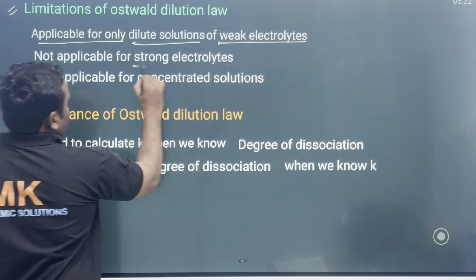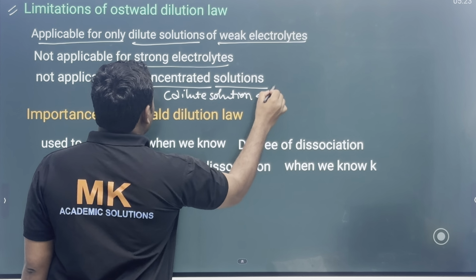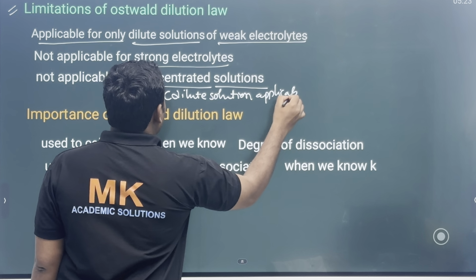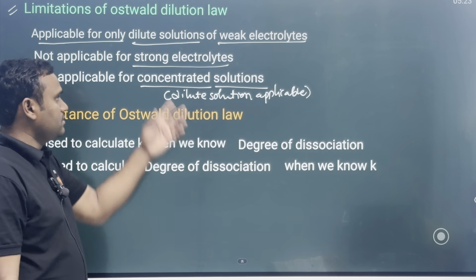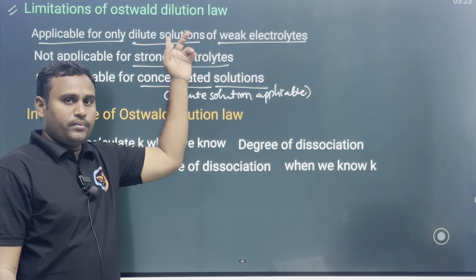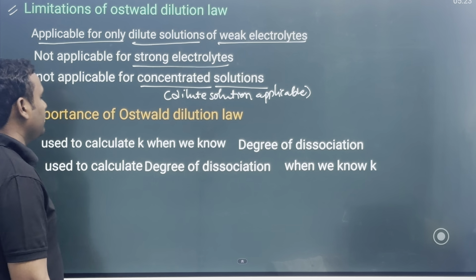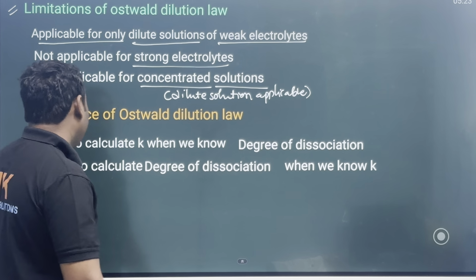It is also not applicable for concentrated solutions, which means we need to take only dilute solutions. With concentrated solutions they do not dissociate fully, so we cannot apply it.